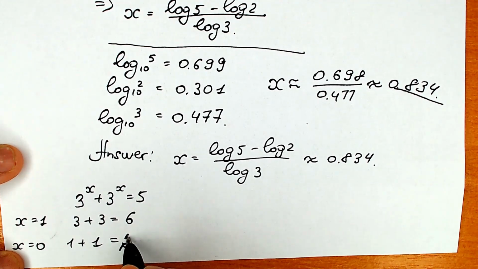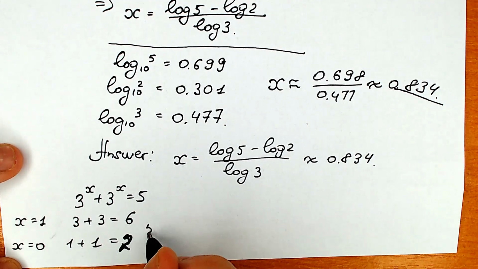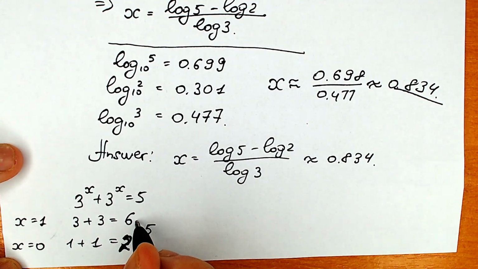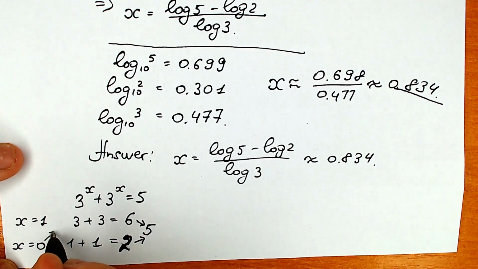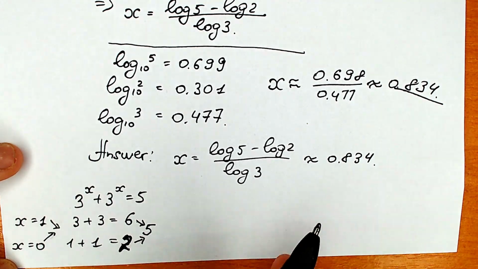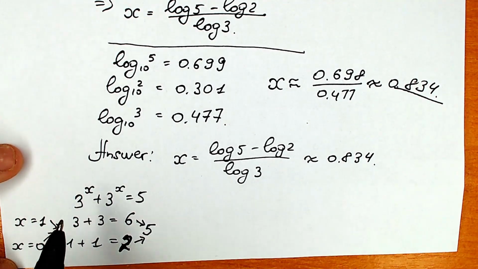If you look closely, right here we have 2, right here we have 6, and our 5 is between 6 and 2. So the answer is between 0 and 1, and it looks like a correct answer, great for us in terms of this quick inspection method.